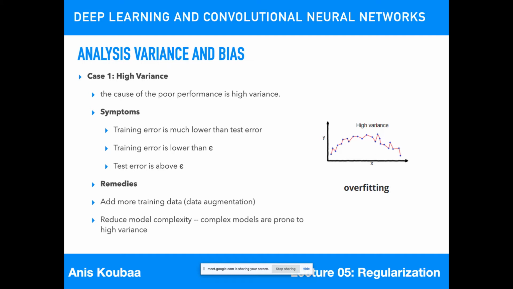So in this case, we may try to reduce our model complexity, because complex models are prone to high variance. What does it mean? Imagine that you made a first training, for example you used a model with 200 layers and you find that you have overfitting.